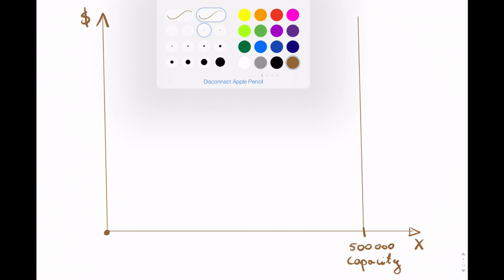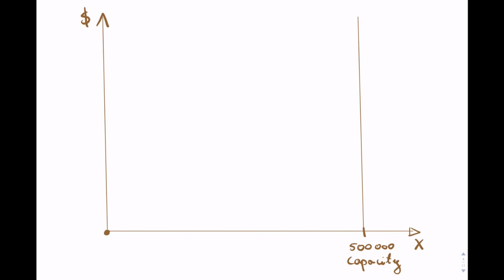And now let's take a look at our total revenue that we had. We'll start from 0 and then it goes off. All right, we'll do it this way.